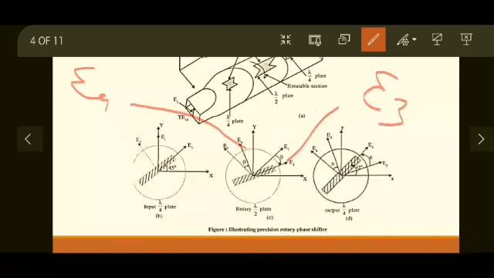Then finally, after entering the final output quarter wave section, it is further divided into two parts, E5 and E6. Now E5 is parallel to the plate and E6 is perpendicular to E5.